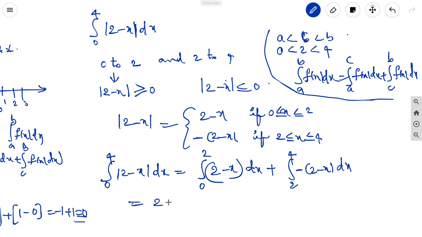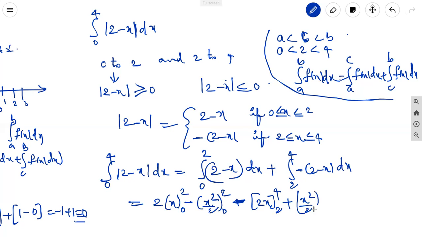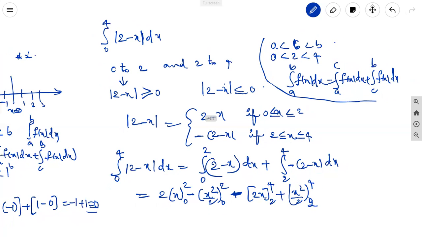Integration of dx is 2x with limits 0 to 2, minus x integration is x square by 2 with limits from 0 to 2, plus minus into minus 2 integration is 2x, integral 2 to 4, minus into minus plus x integration is x square by 2 with limits from 2 to 4.